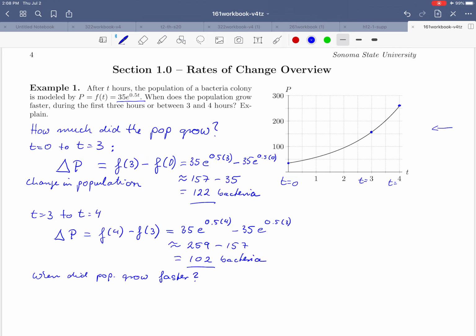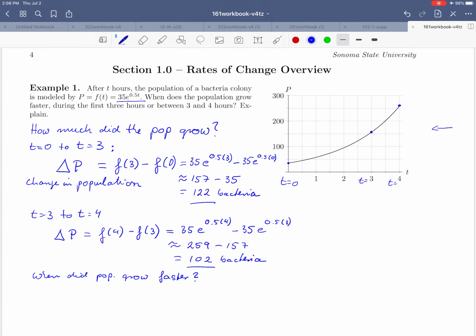And so faster takes into account also how long it took the bacteria population to increase by the amount that it did. During the first 3 hours, we have a growth of 122 bacteria, but it took 3 full hours to get that, whereas the 102 bacteria increase happened in just 1 hour.